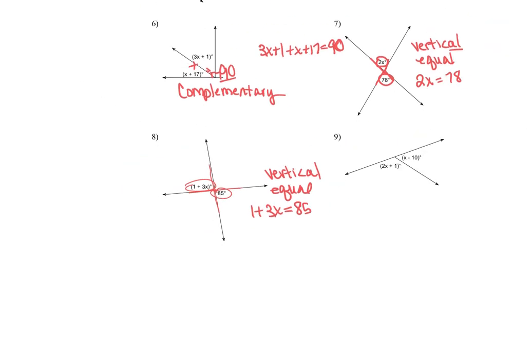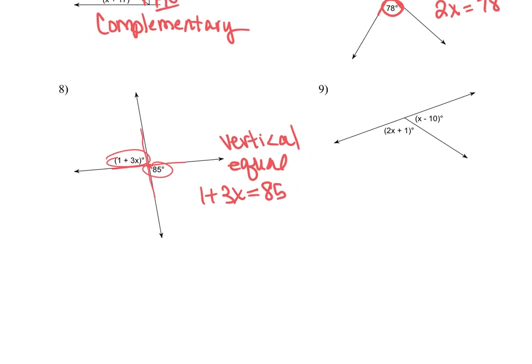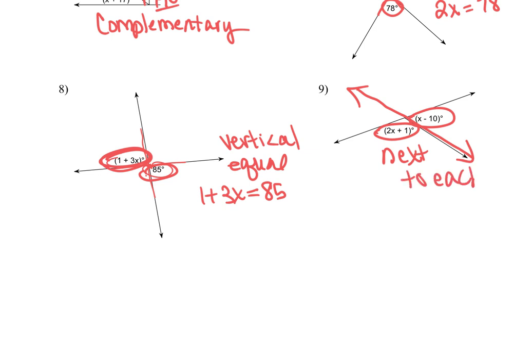And the last one, if you notice the difference here, it doesn't look like two lines, but even if we extended our line out like that, notice that these vertical angles are across from each other. Linear pairs are next to each other, whereas vertical angles are across from each other.